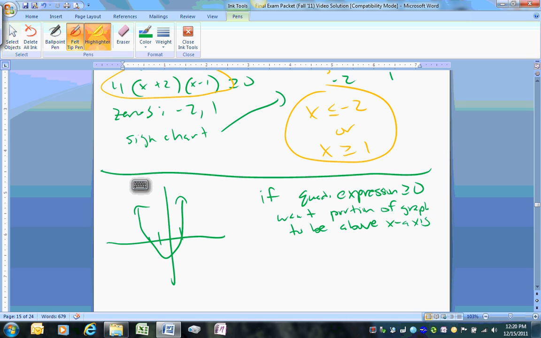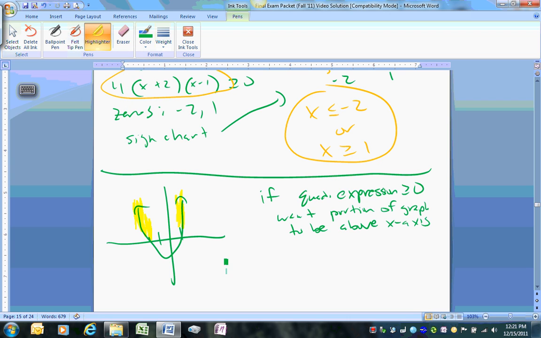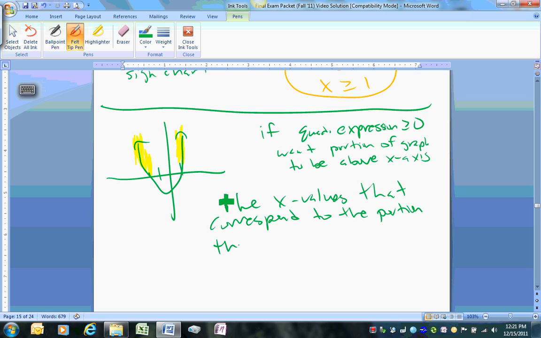Well, where is it above? Clearly here, and clearly here. And let's change that. So the x values that correspond to the portion that is highlighted here should be pretty obvious.